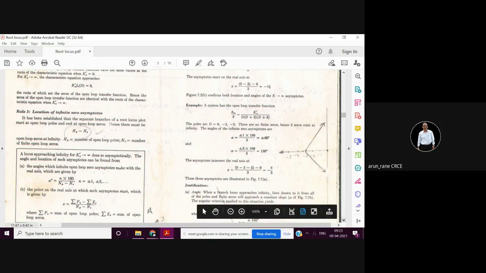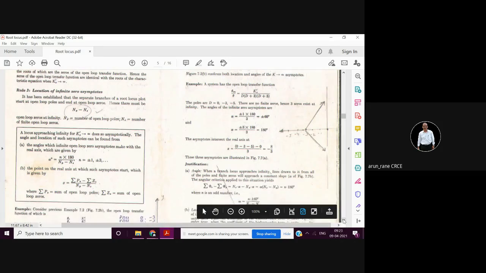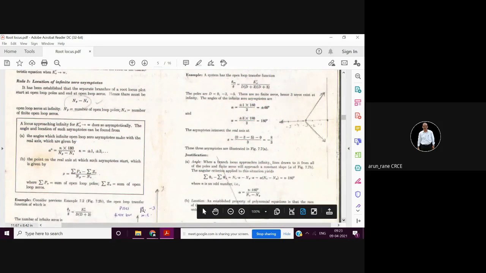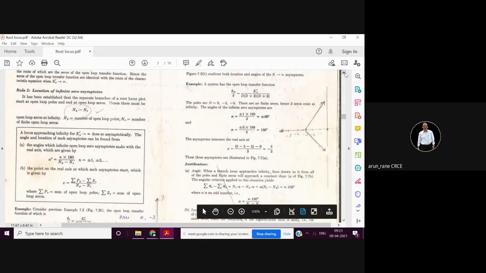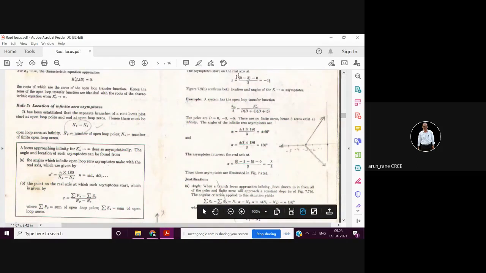So the open loop poles, what is the sum? One is 0, and the other is minus 3. So that is 0 minus 3 minus 0, divided by 2.